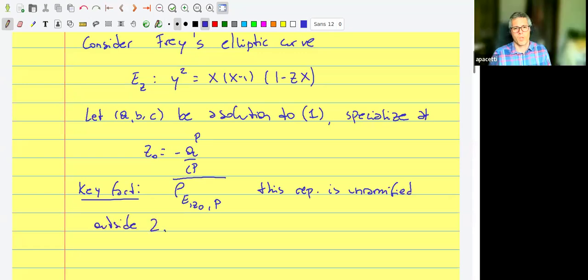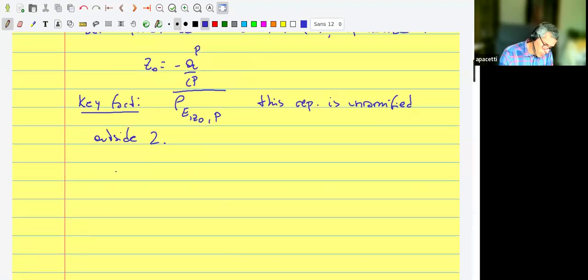So what does the representation mean? When you have your elliptic curve, it is like a torus, the complex points. So you can look at the p torsion points, the points Q which satisfy the equation p times Q equals 0.